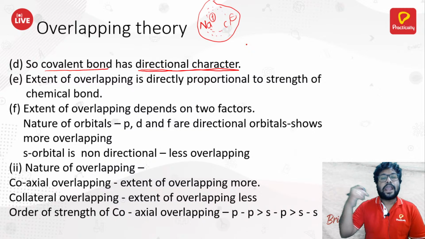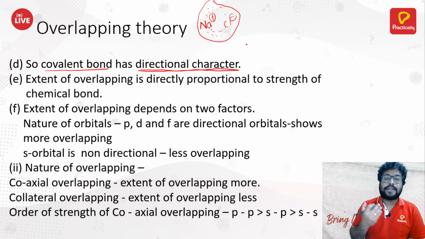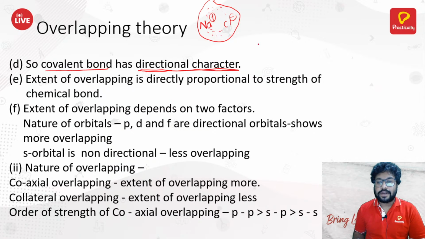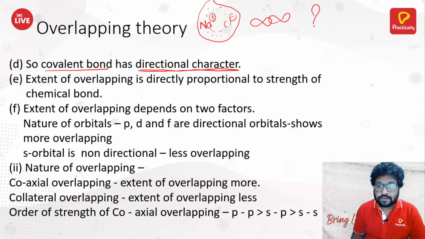Next point. The extent of overlapping is directly proportional to the strength of the chemical bond. That means the more the overlapping, the more is the strength of the chemical bond. For example, if you have overlapping like this, this overlapping would be stronger than this overlap.